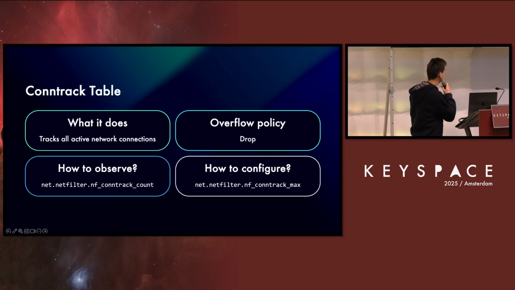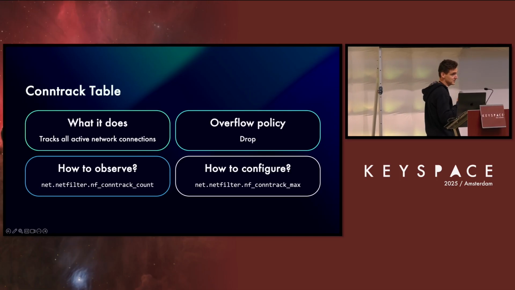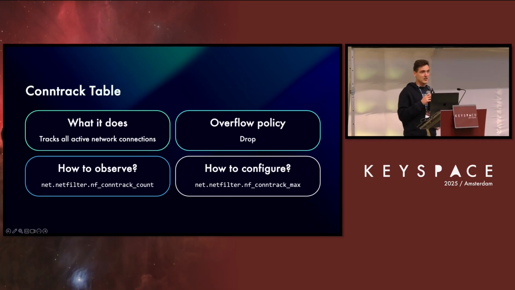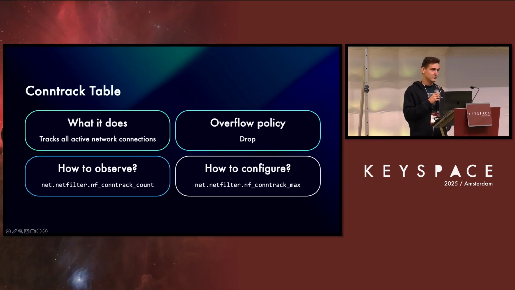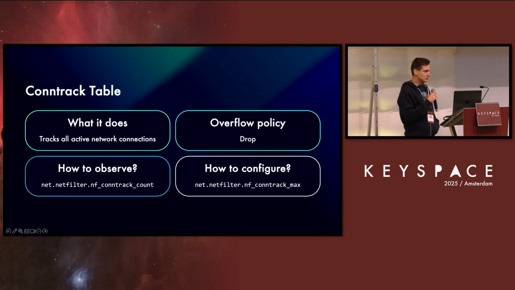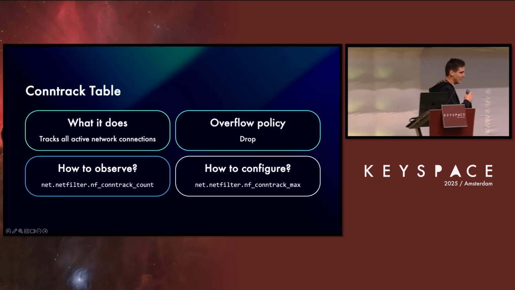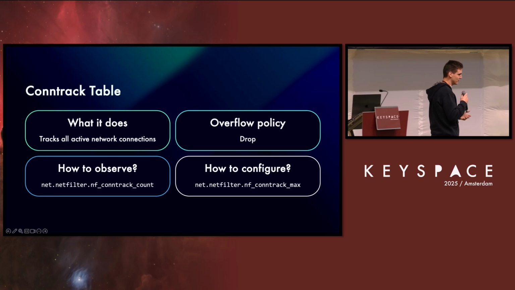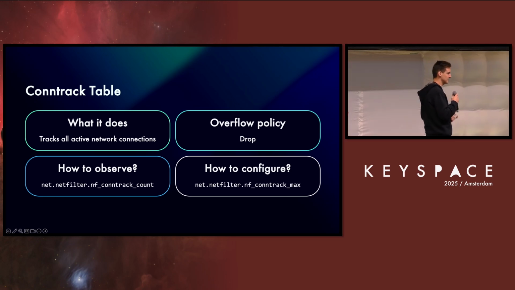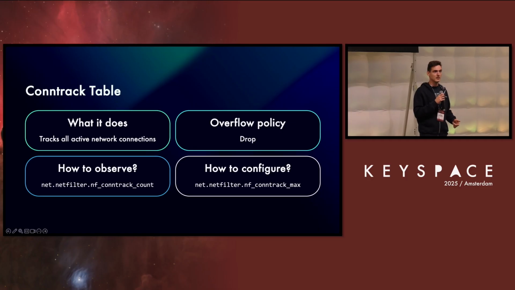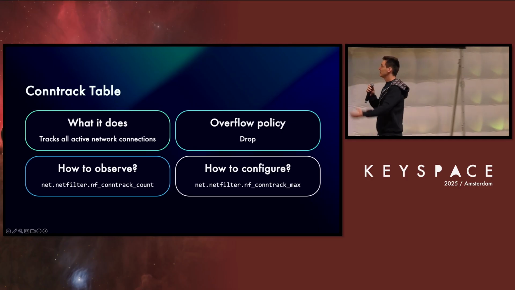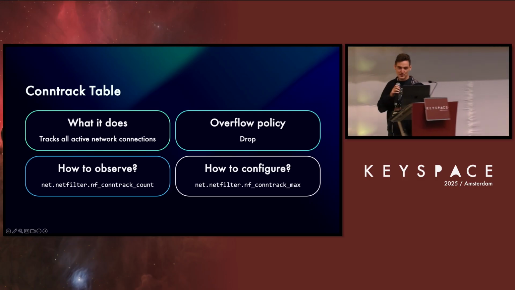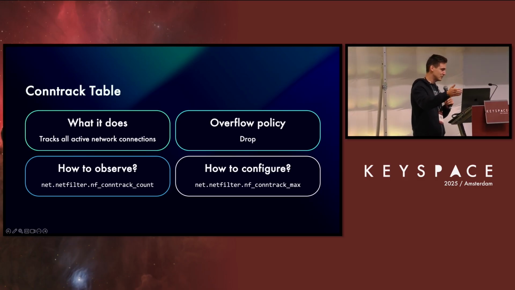So the first one is the conntrack table. What is it? It's a special data structure in the Linux kernel that tracks all the active network connections. It's not always used, but if you have special firewall rules, if you have NAT, etc., it is there. If you deploy into Kubernetes, you have it.